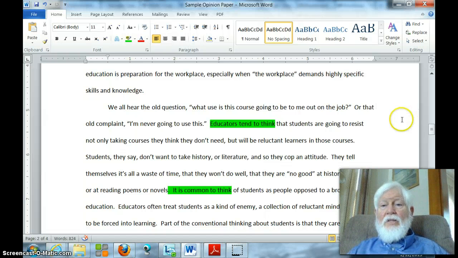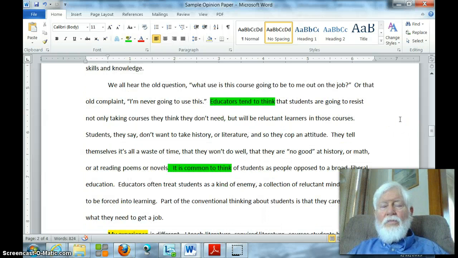Okay, so we're focusing more and more here. We're developing the topic. The topic is, remember, the stages in development here. All right, the topic, first of all, is education and career. More specifically, it is the usefulness of the liberal arts or liberal education and career.